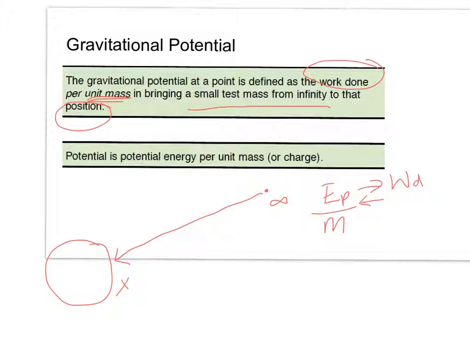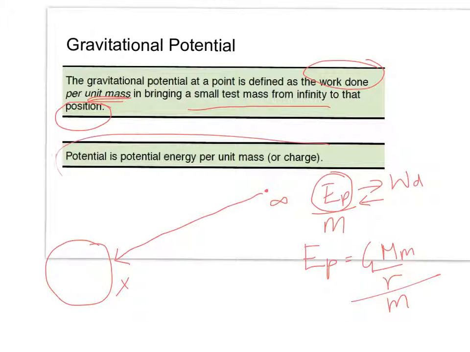So I'm referring to potential energy because that's the expression we have just been working with. So now all we have to do is divide potential energy by the mass of the object. And that gives us an expression for potential, which is potential energy per unit mass.